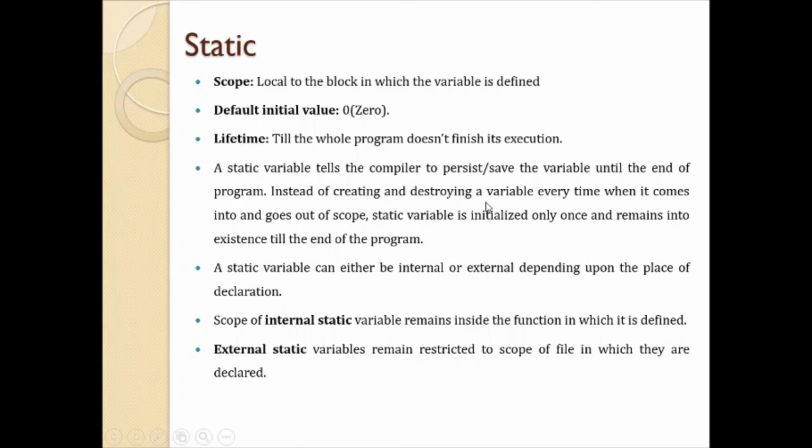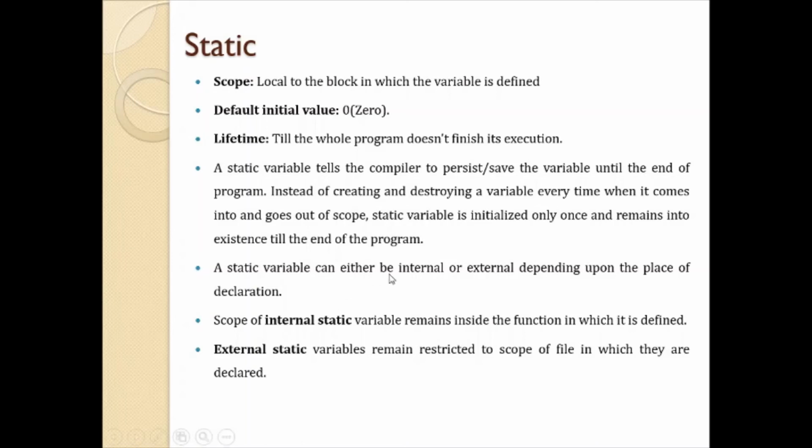Instead of creating and destroying a variable every time it comes into and goes out of scope, a static variable is initialized only once and remains in existence till the end of the program. You can declare and initialize these static variables only once. Once it is initialized, you cannot change the value of that static variable again by initializing.